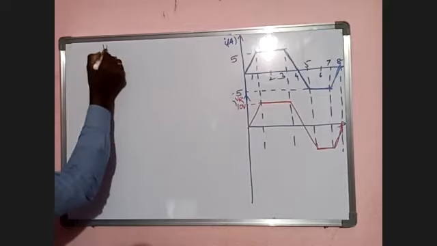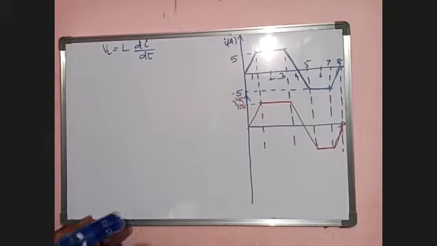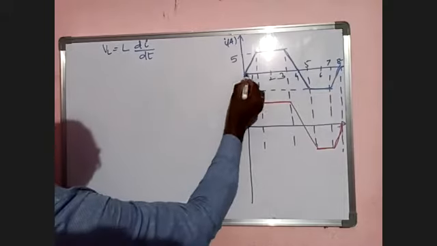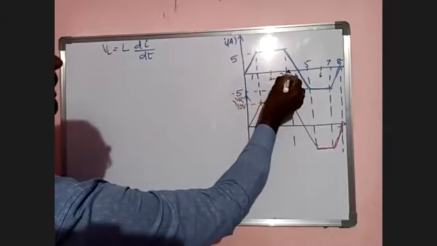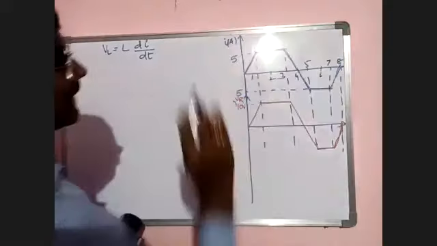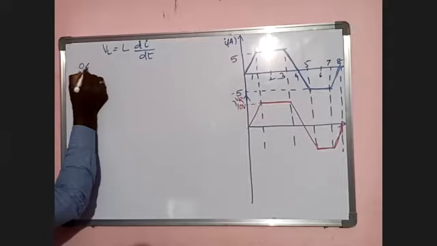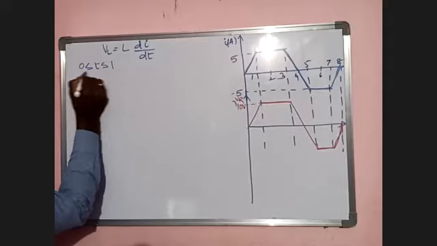So VL is equal to L into dI by dt. Here also, again identify the linear portions: 0 to 1, 1 to 3, 3 to 5, 5 to 7, and 7 to 8. So 0 less than or equal to t less than or equal to 1.